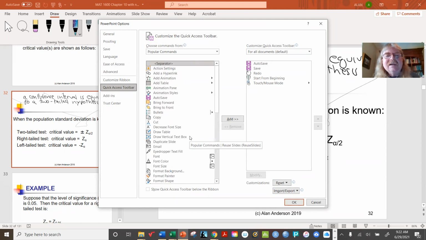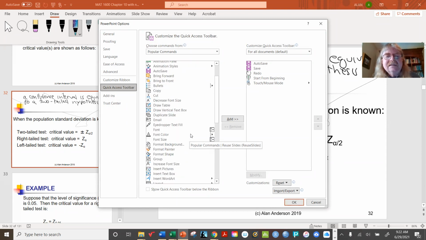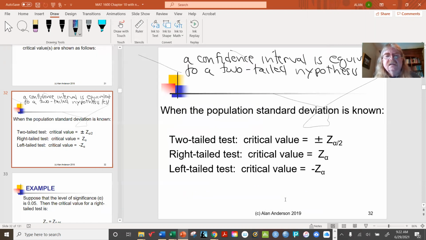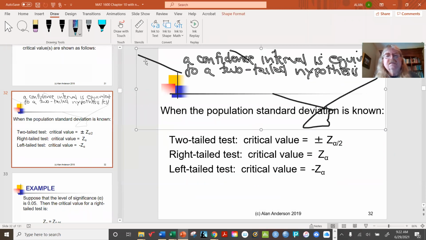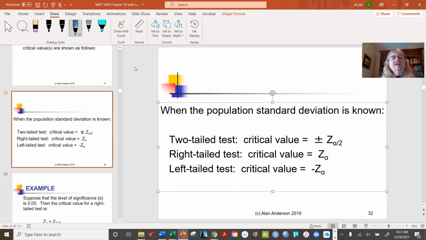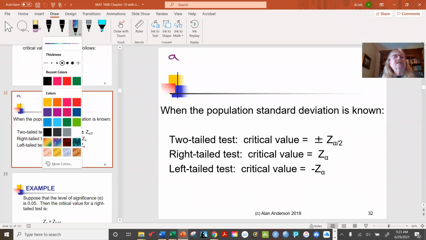I need that thing. All right, I'll have to do this all over again. There it is. It's just unbelievable. All right, let's try that again. A confidence, and now it's making it purple. Okay, that's nice. Thank you.